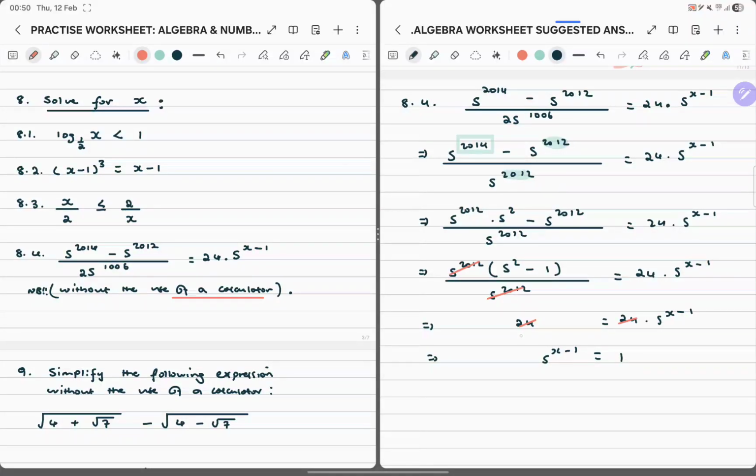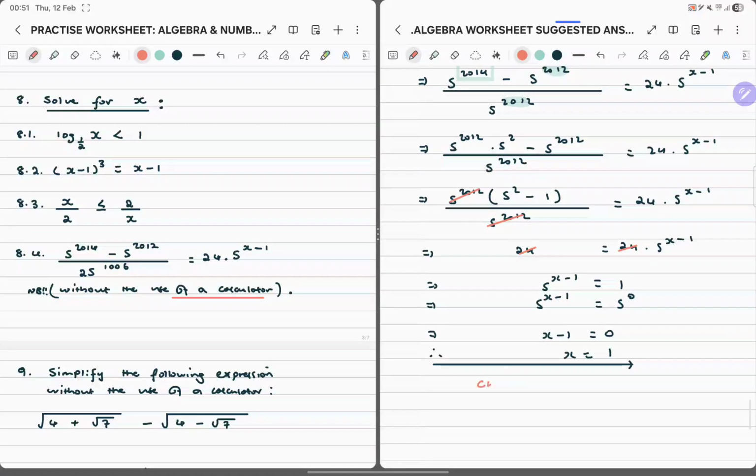Remember, when this is divided, it gives us 1. Now exponential rules, 5 to the x minus 1 is going to be 5 to the 0. Then further, we know that x minus 1 is 0. Therefore, x is 1. Nice and easy. So of course, guys, with these kinds of questions, please don't just move on. Check.